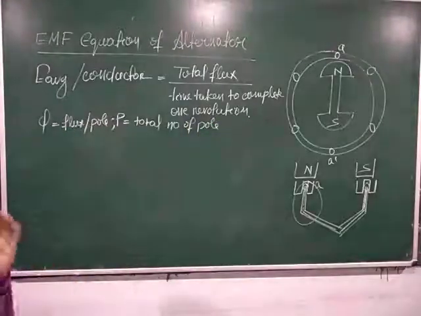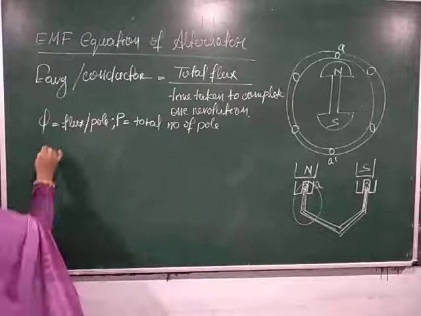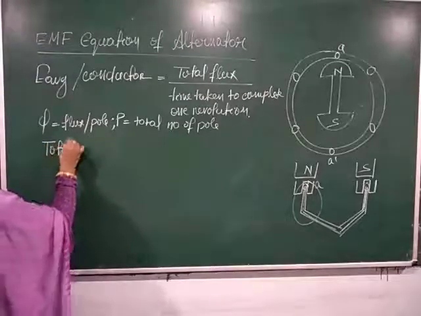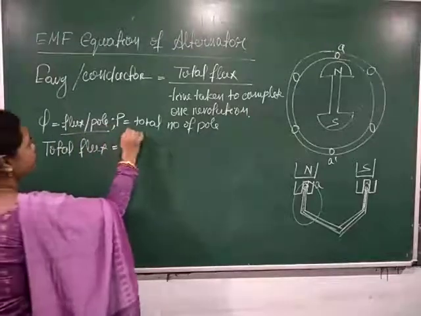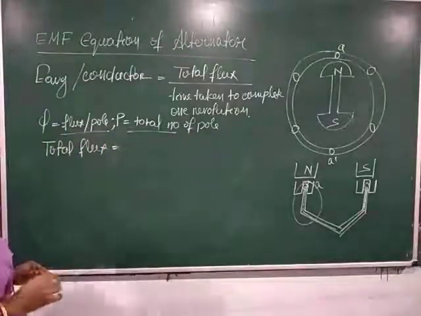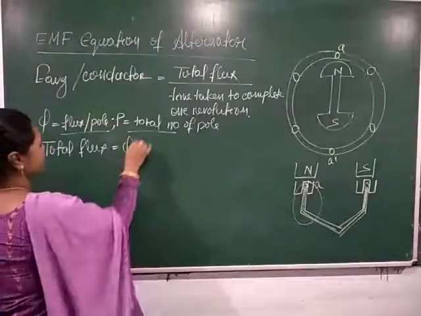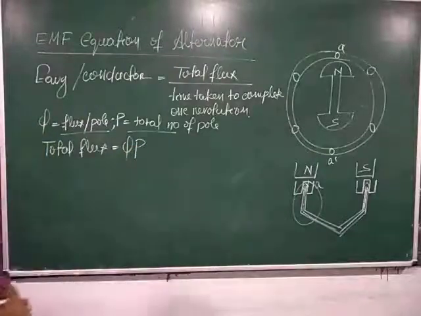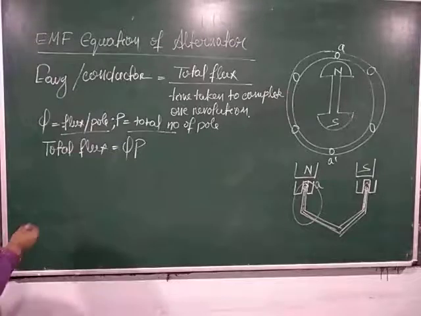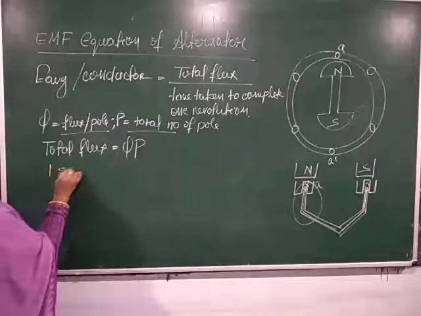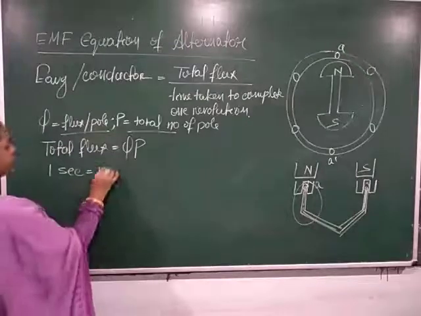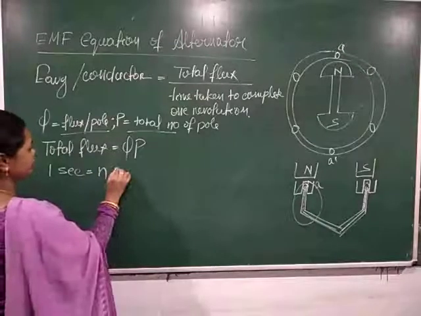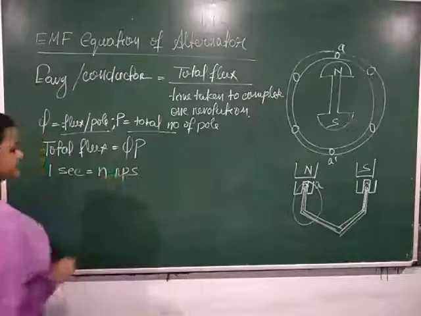So the total flux is the product of flux per pole and total number of poles, that is Phi into P. And the time taken to complete one revolution: in 1 second the rotor completes n revolutions, in RPS.